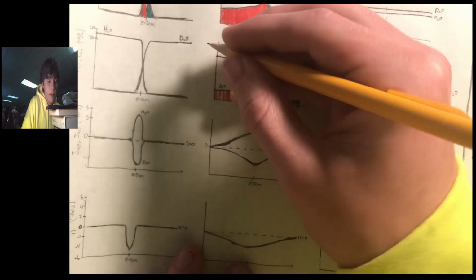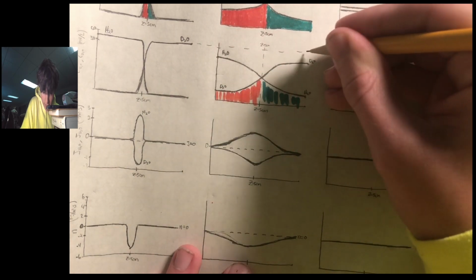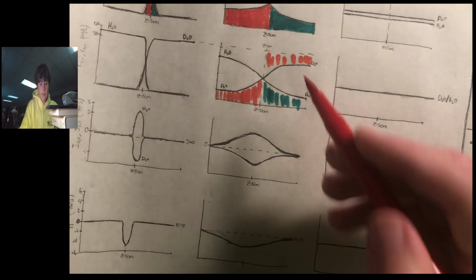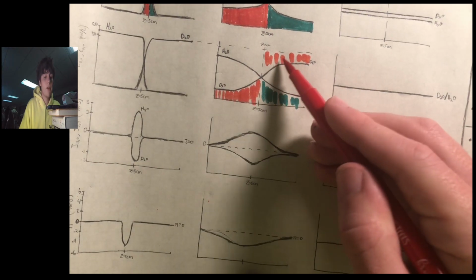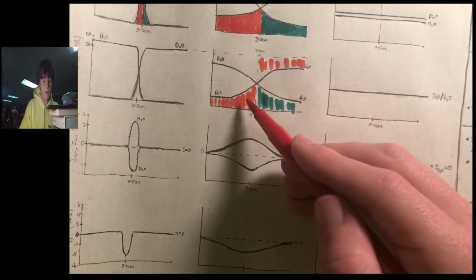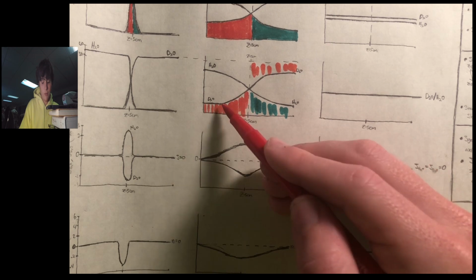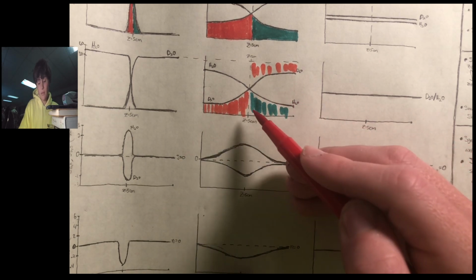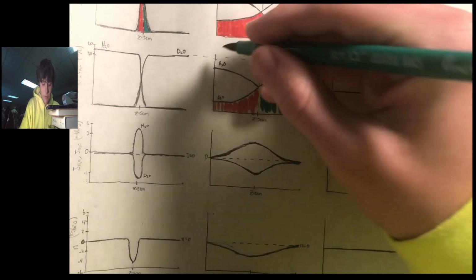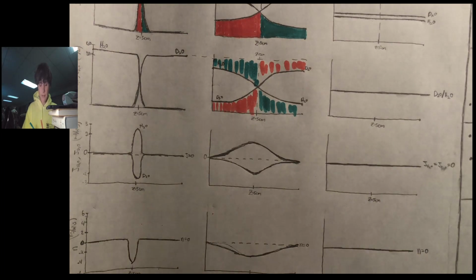And if we take this up here and kind of just extend that, well, then this area up here is equal to this area down here, because this area up here represents the number of moles of deuterated water that leaves the right-hand side, which equals the number of moles of deuterated water that goes to the left-hand side, which equals the total number of moles of water that goes to the right-hand side, which equals the total number of moles of water that leaves the left-hand side.